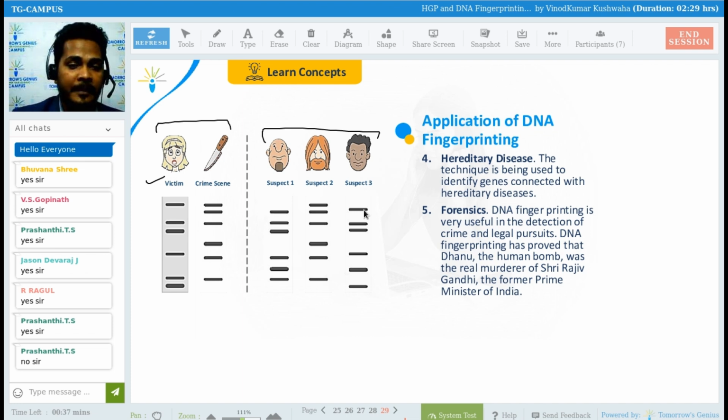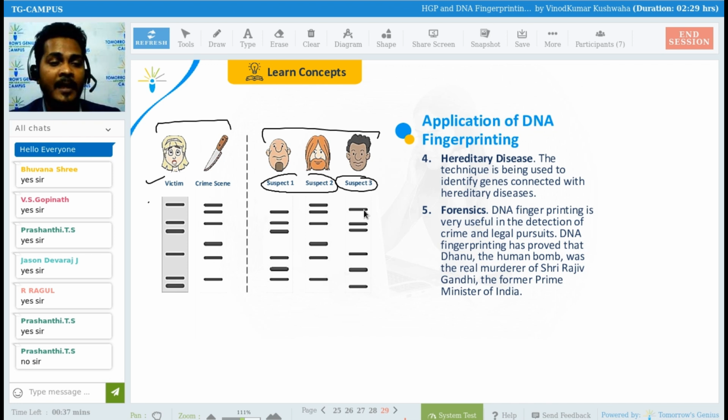Now there are 3 suspects: suspect number 1, suspect number 2, suspect number 3. The sample is collected from the victim and from the suspects, and we can analyze that with the help of DNA fingerprinting. We can analyze the bands, so you can see which band is closer.